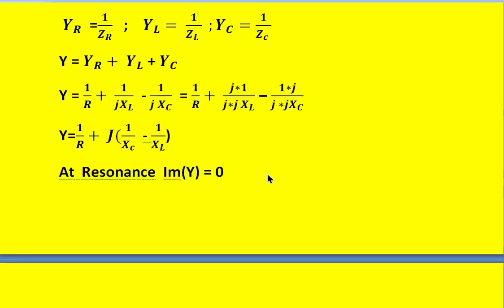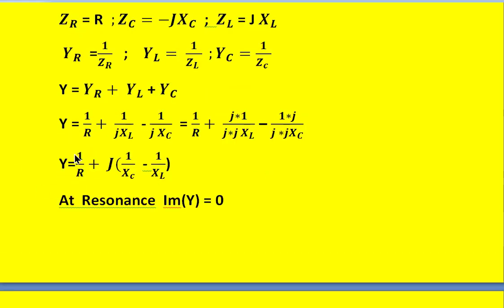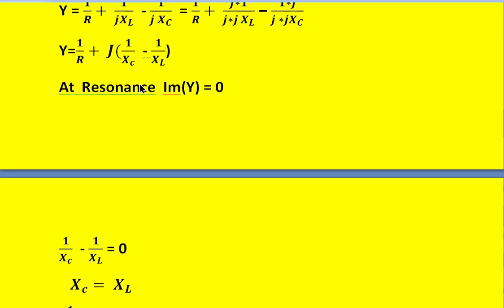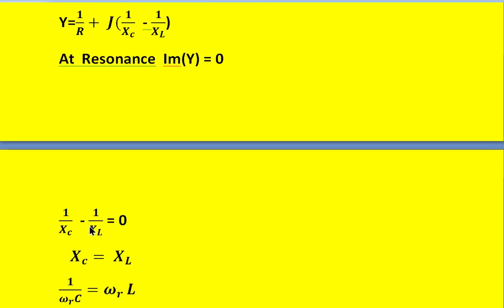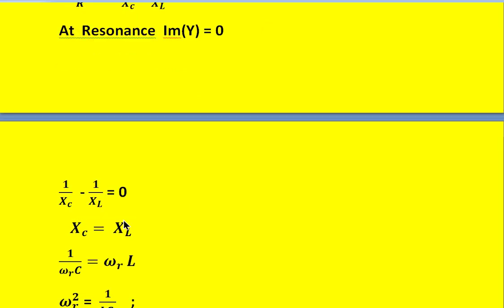At resonance, the imaginary part of the admittance is 0. So this j term will become 0, that is 1 by XC minus 1 by XL is equal to 0. From this, it can be written that XC is equal to XL.